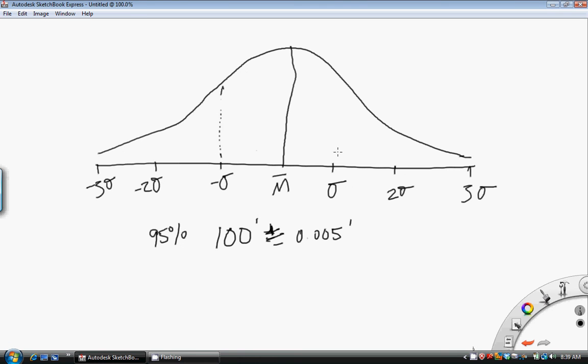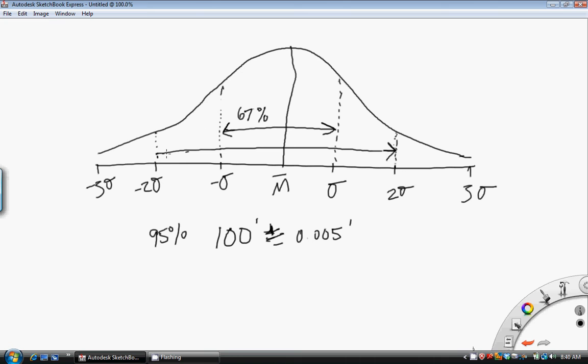All right. So what that means, and what you should remember, at least from Mr. Khan's video, is that 67% of all your data should fall within 1 standard deviation of the mean. So I believe it's about 67%. And then a little over 95% should fall within 2 standard deviations of the mean.